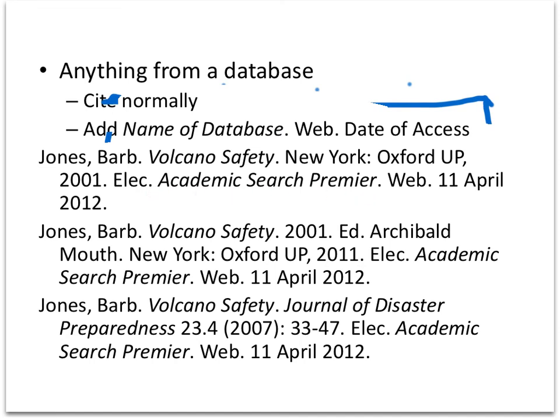So Academic Search Premier, web, 11th of April 2012. So we have here a standard edited book, but we notice we need name of database, web, date of access. We have all that right there. And so we have a standard format for an academic article, and we have name of database, web, date of access.